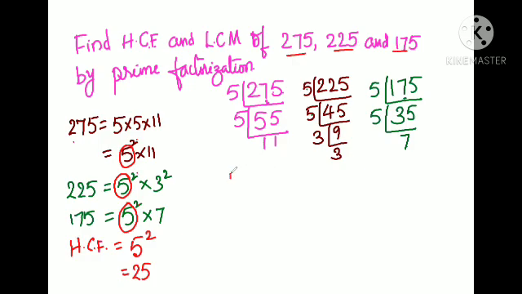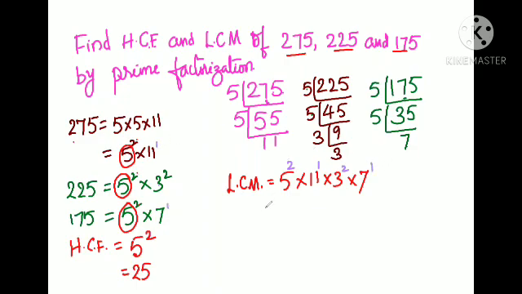And then for LCM, you have to take all the factors: 5, 11, 3 and 7. But you have to select the highest power. 5 power 2, 2 is the highest. 11 power 1, 3 power 2 and 7 power 1.